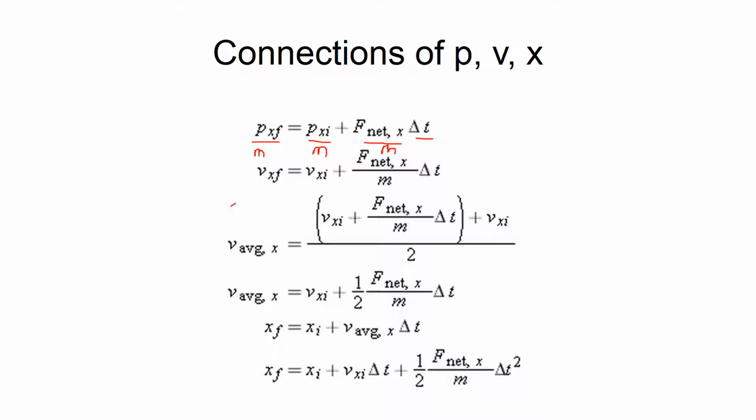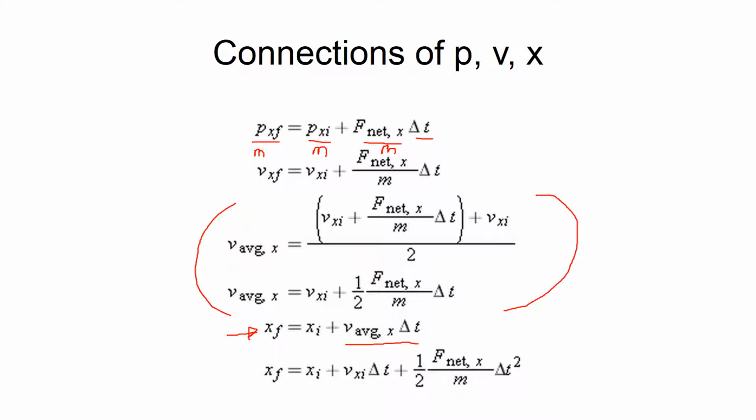So by doing a little bit of algebraic magic here, we find that the average speed over a given time interval is given by this term, V_ix plus half F_net,x divided by m times delta t, and then plug that into our position formula so that our final position is our initial position plus the average speed times the time.